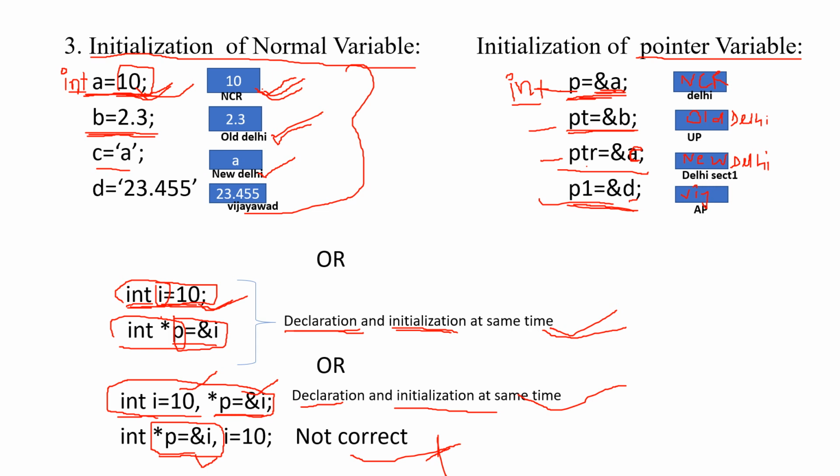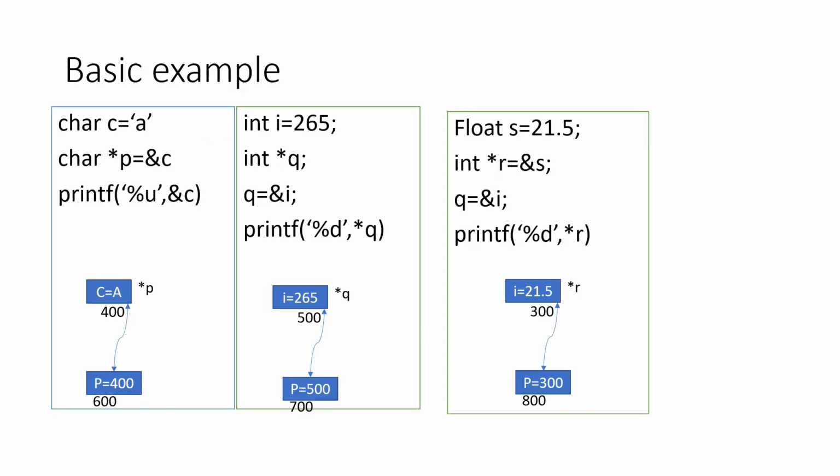This might be confusing, so it is better to understand in the computer field only. Whatever type of variable's address you want to store in the pointer, the type of the pointer is also the same. So an integer variable's address is stored in an integer pointer only. That's very much important.